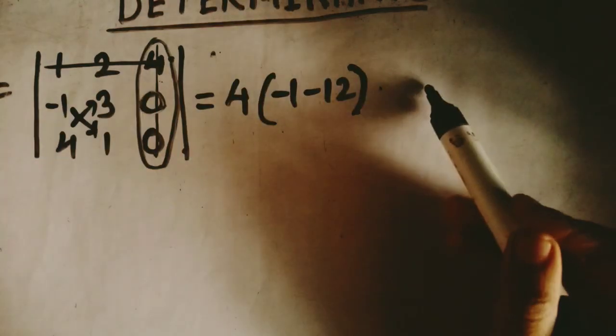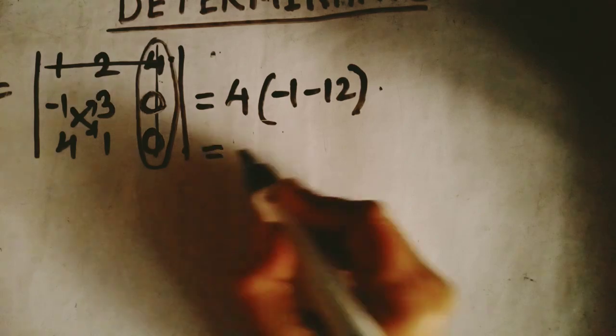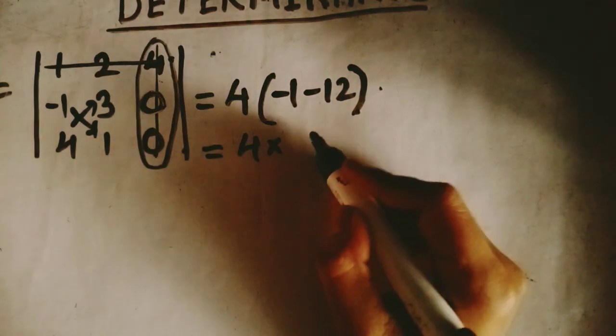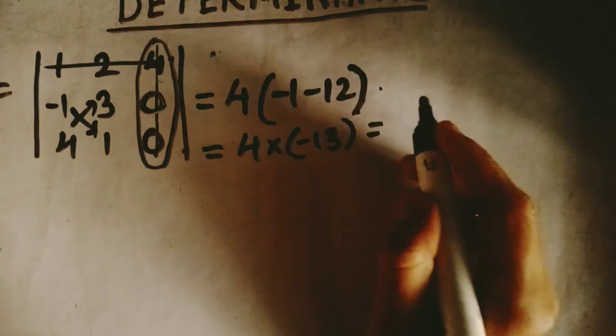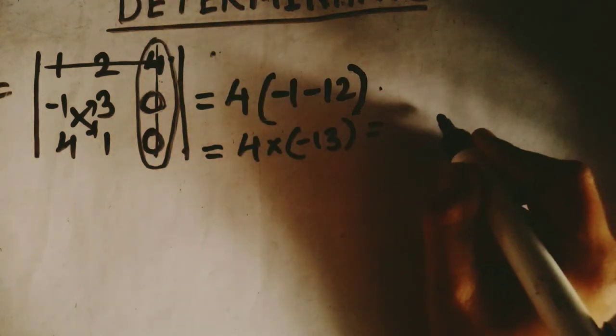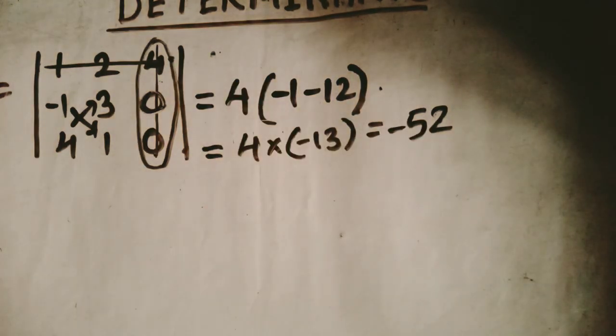Next is also 0, so term is 0. So we will get only this thing. Okay, so this will be 4 into minus 13. Okay, so it is minus 52. This is the answer. So always go for those rows or columns which has maximum number of zeros for faster calculation.